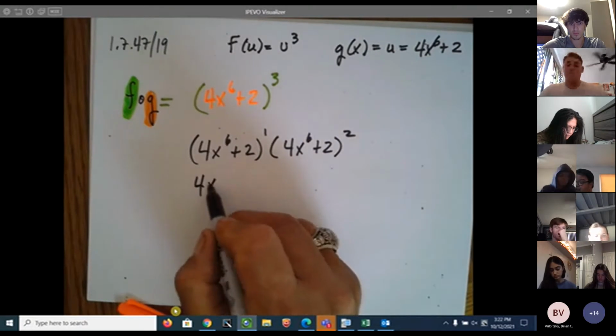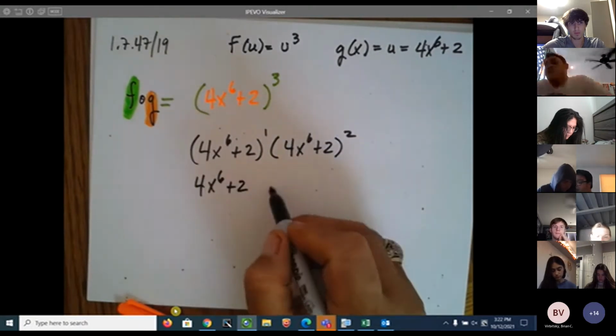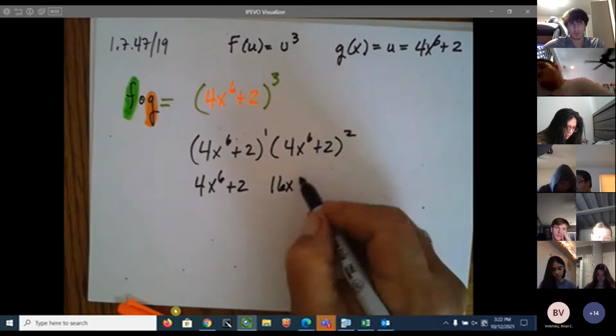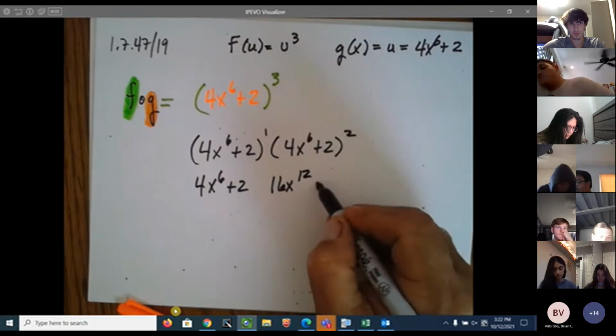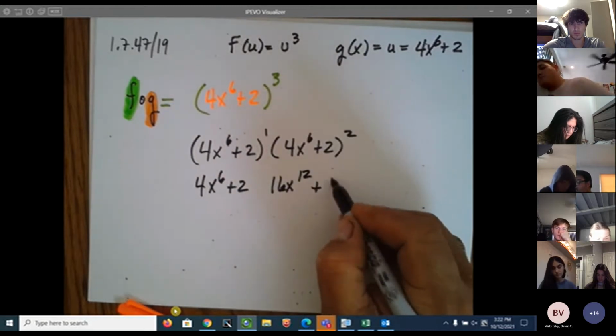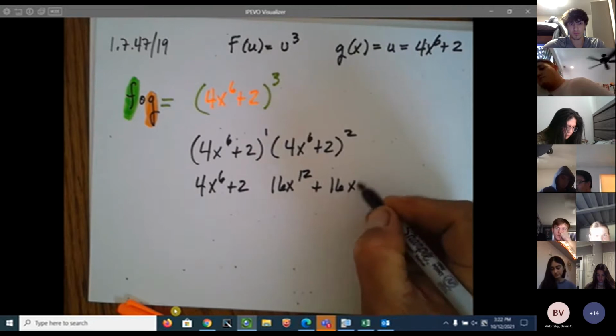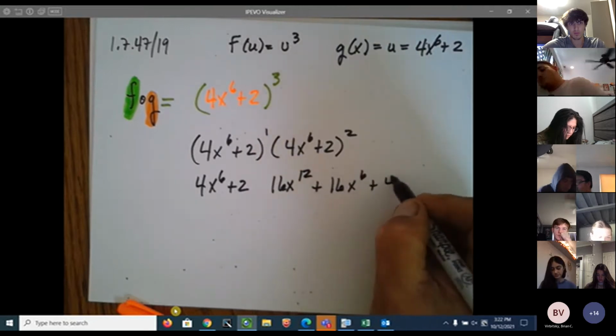That would be 4x to the 6 plus 2 times 16x to the 12th plus 2 times 8 is 16x to the 6th plus 4.